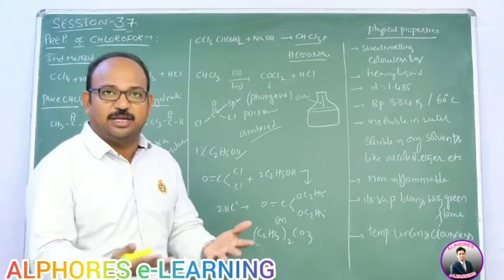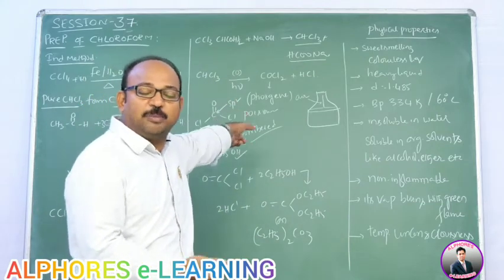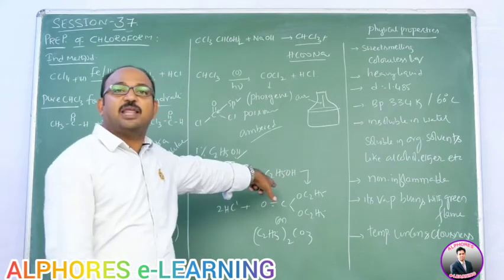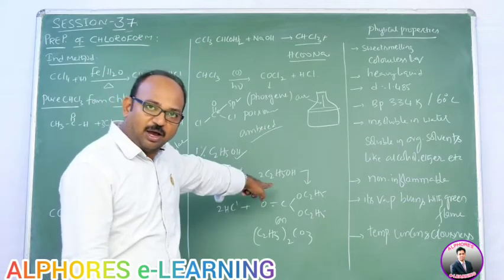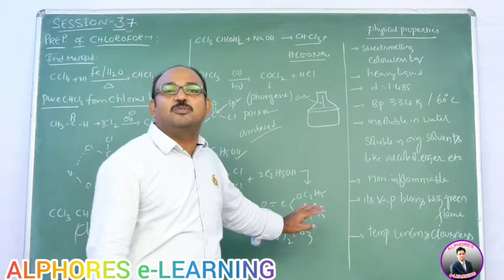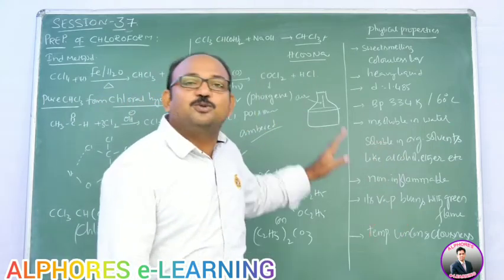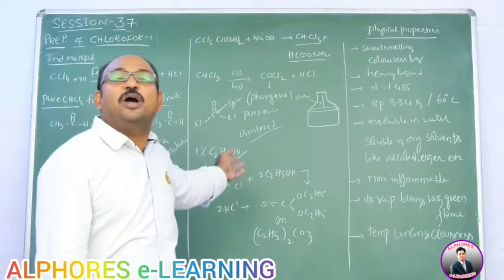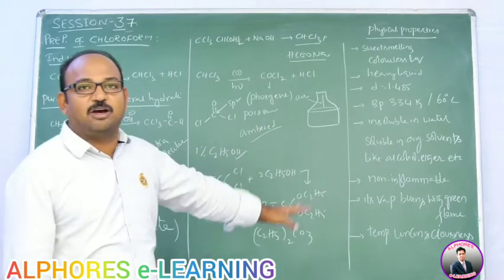That's why, to avoid that, we add 1% ethyl alcohol along with chloroform. If any phosgene forms, it immediately reacts with ethyl alcohol. Poisonous phosgene reacts with ethyl alcohol and converts into non-poisonous diethyl carbonate. Then there is no poisonous phosgene; it removes the poisonous phosgene from the mixture and converts it into diethyl carbonate.